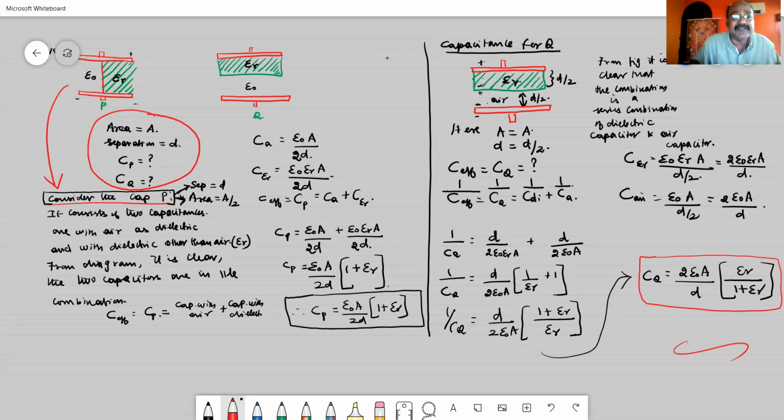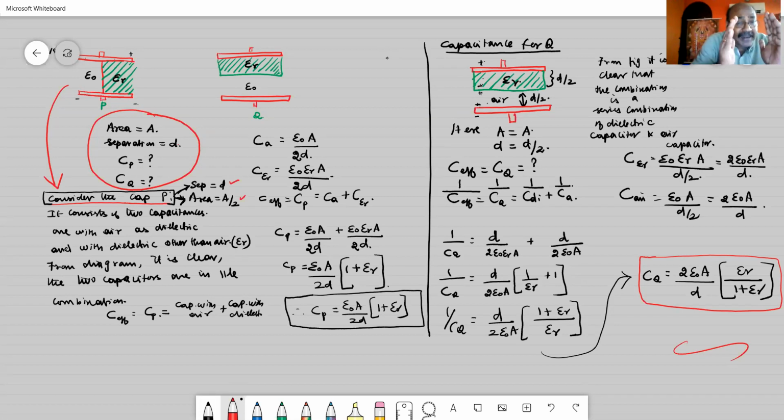In this arrangement, the separation remains constant, so separation is D. But the area of the plate is split into 2, so I am writing the area of the plate as A by 2. Then, looking at the diagram, both capacitors, one with air medium and the other with dielectric medium, are in parallel.